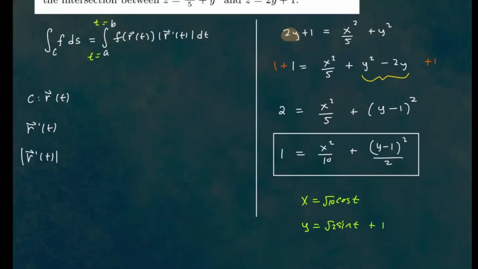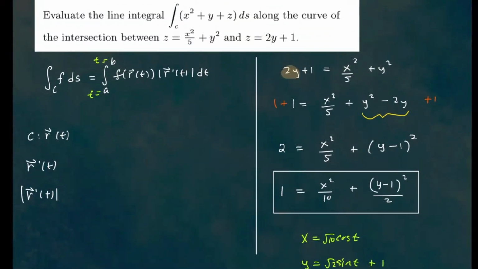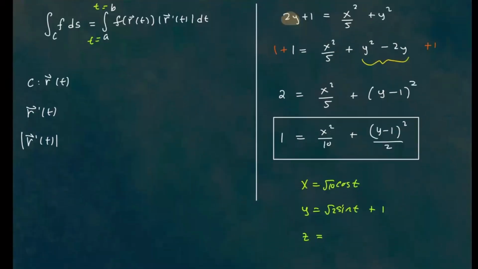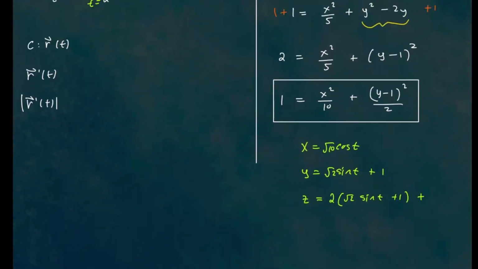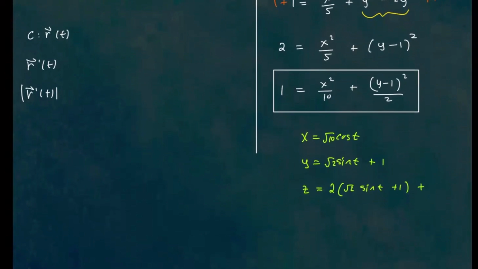Now z, what will be the parameterization for z? For z, we know it's right here. We can use this equation because that's expressed for z: 2y plus 1. So y is equal to this, and we're going to do 2y. That's 2 square root of 2 sine of t plus 1, plus 1.